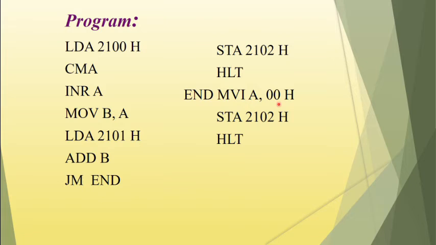But if the result of this operation is a positive number, we have to store that positive number into the location 2102. For that the command is STA. So we halt processing in either case, whether the number is negative or positive. If positive, it will be stored in 2102. If negative, 0 will be stored in 2102.